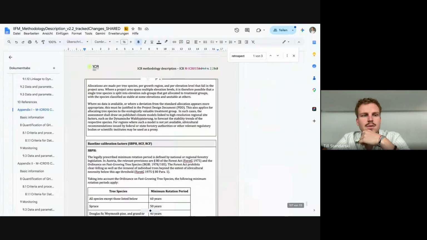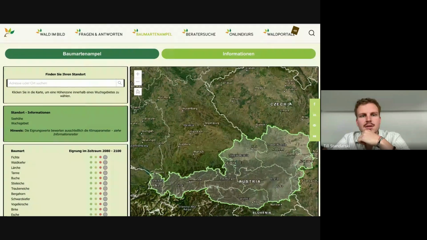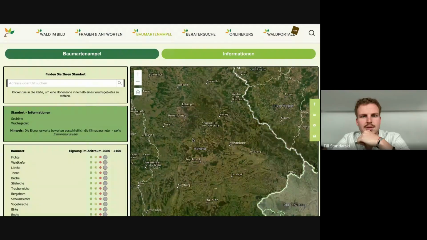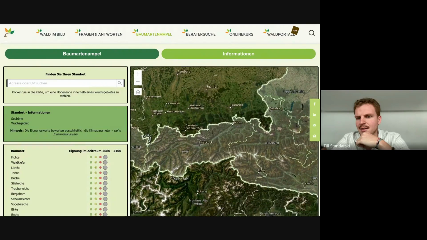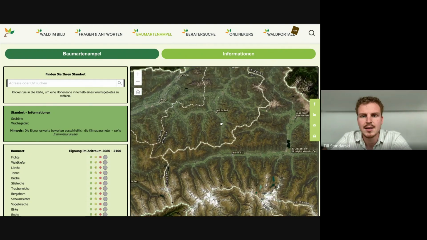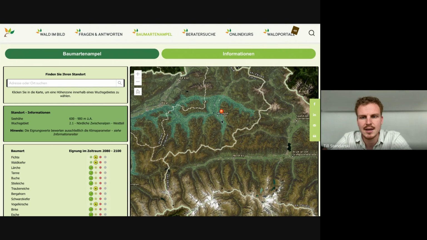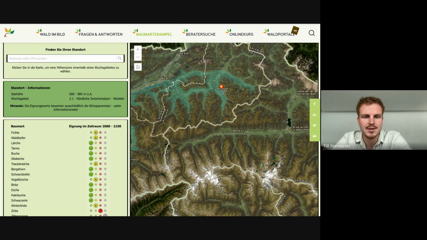In this case, we are using the Austrian so-called Baumarten Ampel, which is, I guess, the tree species traffic lights. Very beautiful name, and this allows us to select areas in Austria where the project area is and get an assessment of the suitability of tree species. This is then the basis for the standardized process for the allocation.